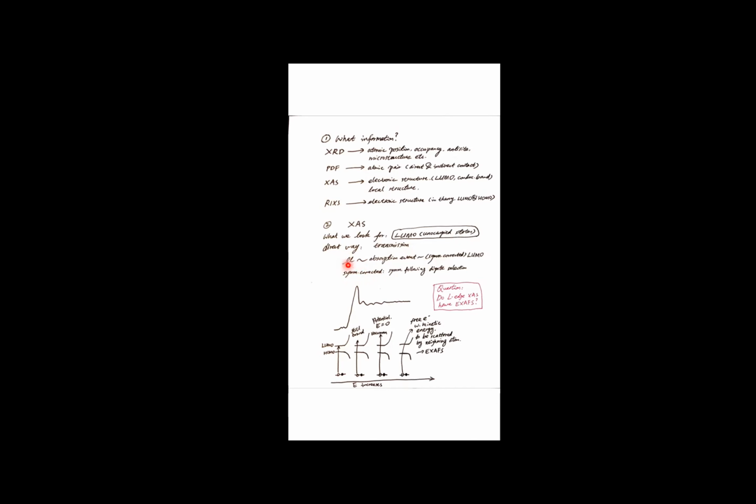And this is basically extracted from the Beer-Lambert law. Beer-Lambert law describes how the X-ray flux decays when it goes through the matter, right? So this absorption coefficient is extracted from the Beer-Lambert law, but this is a pretty straightforward measurement.